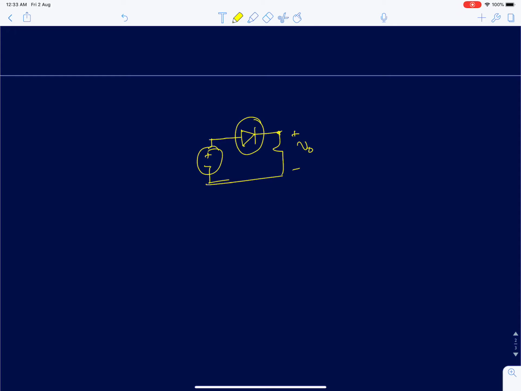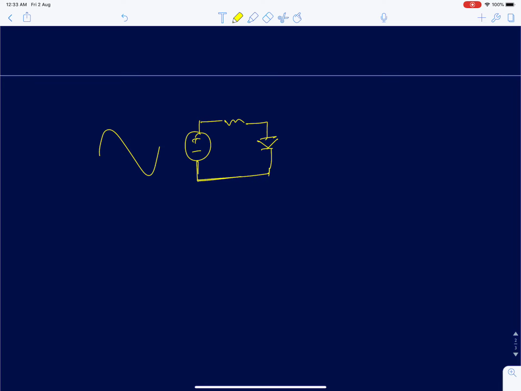In the last lecture, I had taken a circuit with a resistor and a diode. Assuming this is an ideal diode, whenever the voltage was greater than 0, the diode behaved like a short circuit, and we said that the characteristics was something like this.